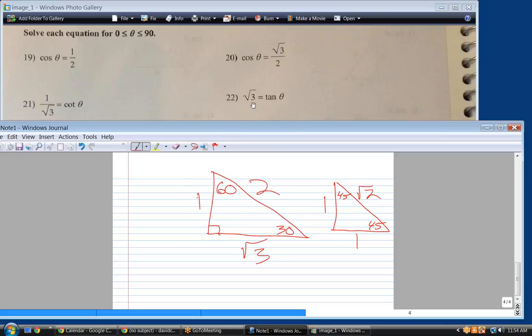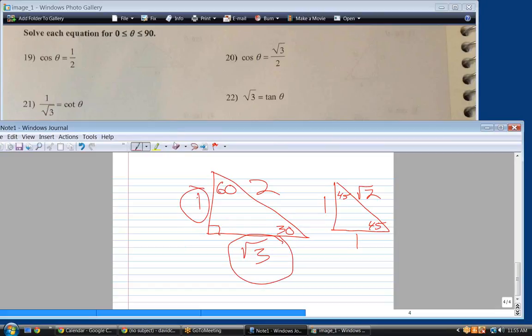Good. And what angle has a tangent of theta equal to the square root of 3? 30? No. So then it would be 60. Yeah. In other words, the tangent is opposite over adjacent.